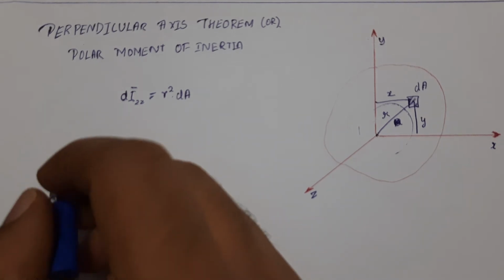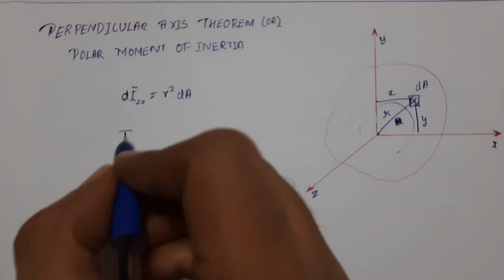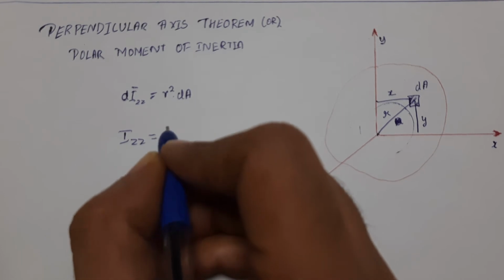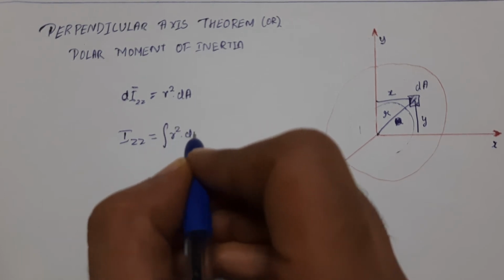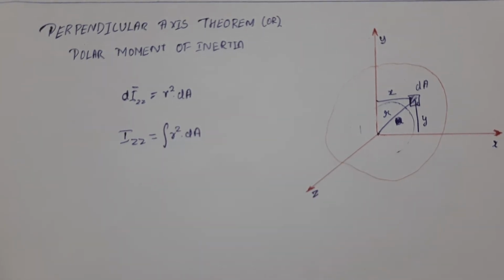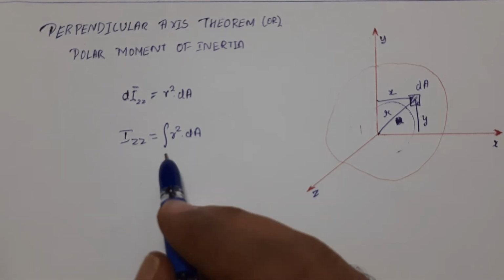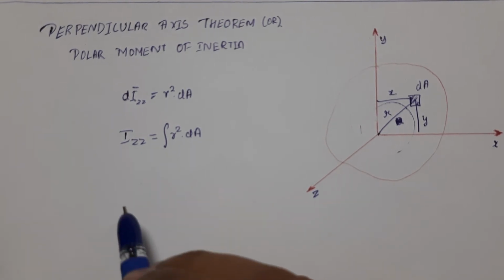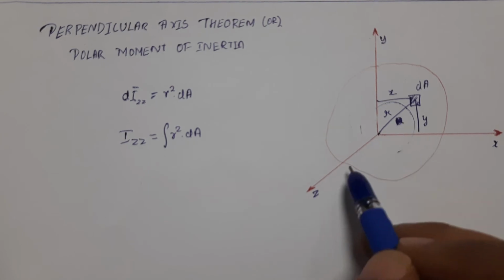So we can write this as Izz is equal to the integration of r square into dA. So this is the polar moment of inertia about the perpendicular axis.